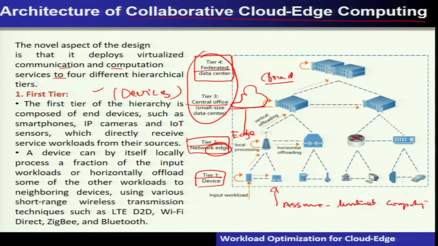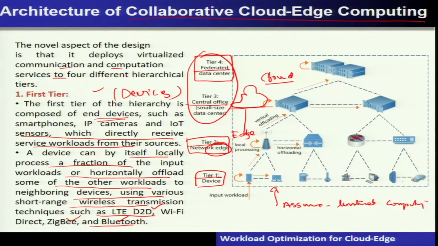at the device level. The first tier in the hierarchy is composed of the end devices such as smartphones, IP cameras, and IoT sensors, which directly receive the service workload from their source. The device can itself locally process a fraction of the input workload, or use horizontal offloading to send some of the other workloads to neighboring devices using short range communication, let us say LTE device to device, Wi-Fi, Zigbee, or Bluetooth.